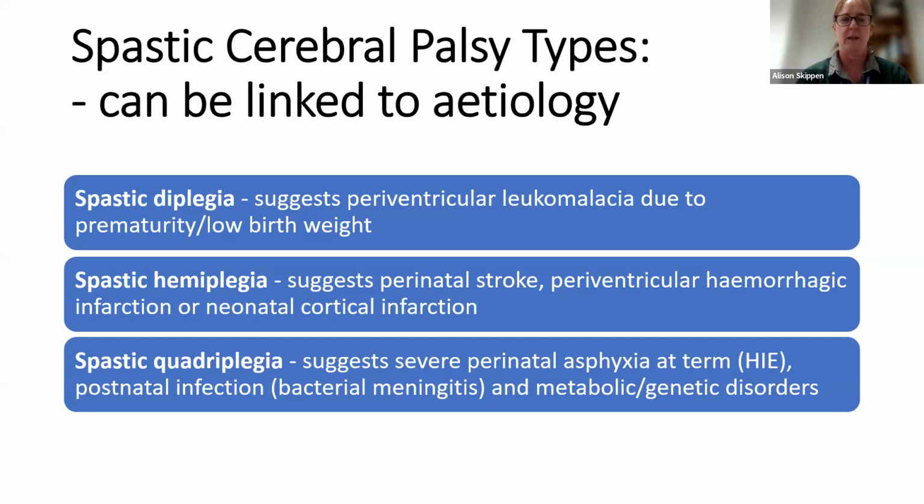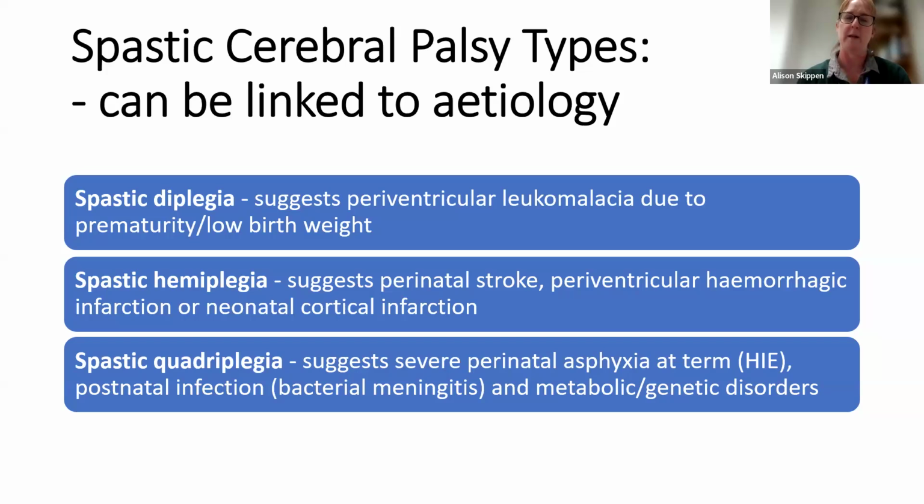And then quadriplegia is usually something more global, a global event that's affected the brain, because it's going to affect the child systemically, essentially. So this suggests severe perinatal asphyxia at term, such as hypoxic ischemic encephalopathy, a postnatal infection such as bacterial meningitis or TB meningitis, or that the child might have a metabolic or genetic disorder that's leading to this.